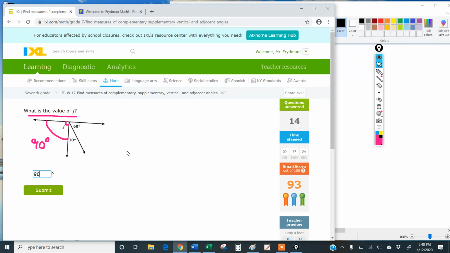It gave us the answer by giving us this symbol here and telling us J is this 90-degree angle.